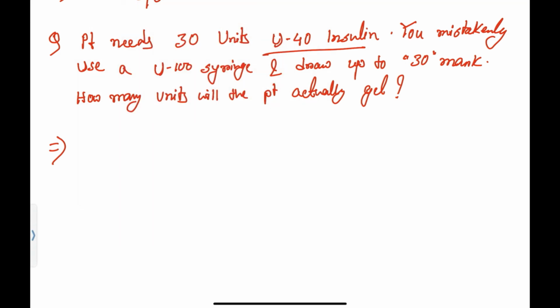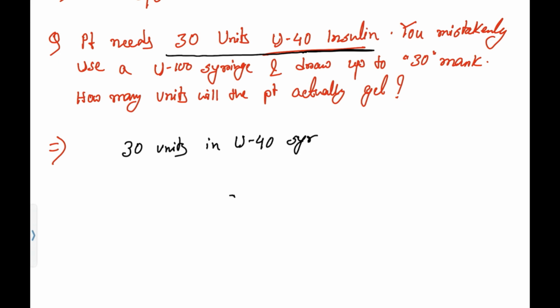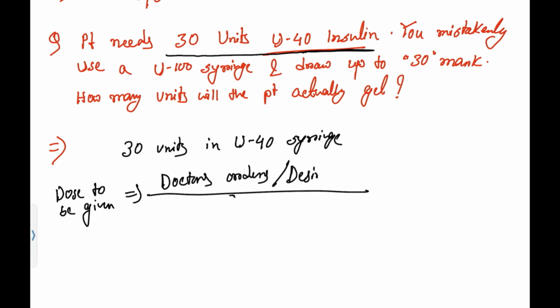So see, step by step. The doctor advised that the patient needs 30 units of insulin through a U40 insulin syringe, meaning with the help of a 40 unit insulin syringe you have to give 30 units of insulin to the patient. So the patient needed the 30 mark of insulin, 30 units in a U40 syringe. Okay, so that means the dose to be given is equal to the desired dose divided by the dose in hand.